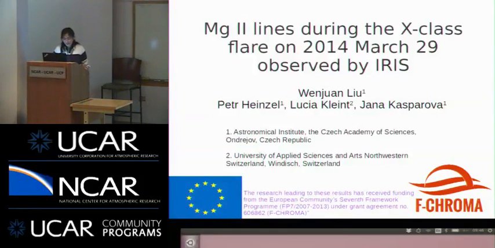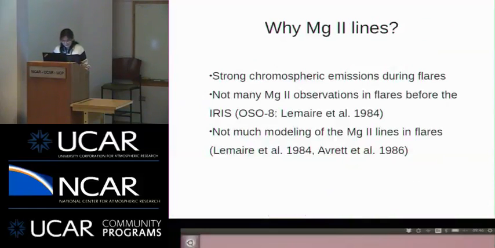I'm also talking about the magnesium lines. It's on the famous flare. As Fletcher said yesterday, and also Graham said, the magnesium lines have strong chromospheric emission during flares, and there are not many observations and modeling before. So we are studying the magnesium II lines.